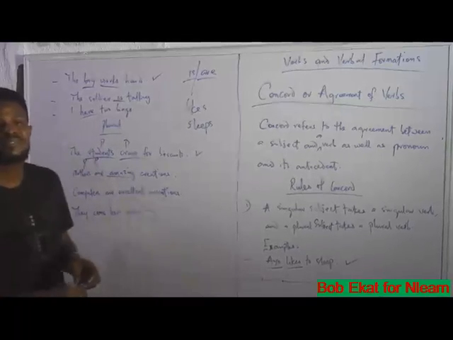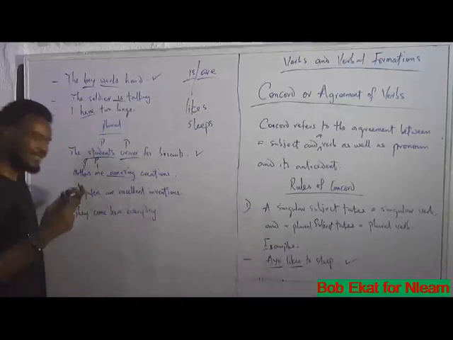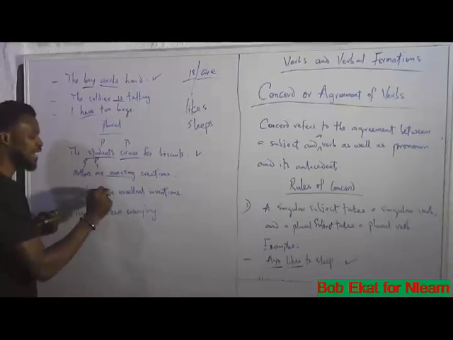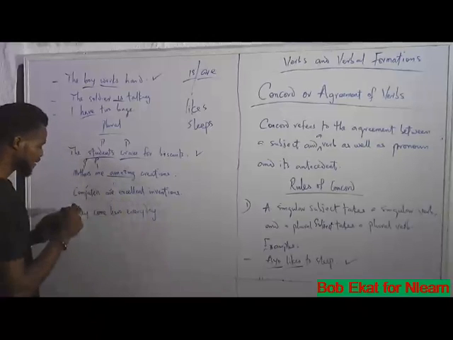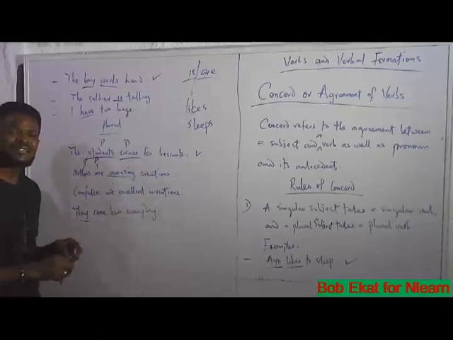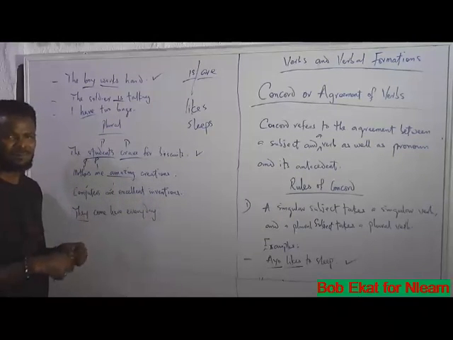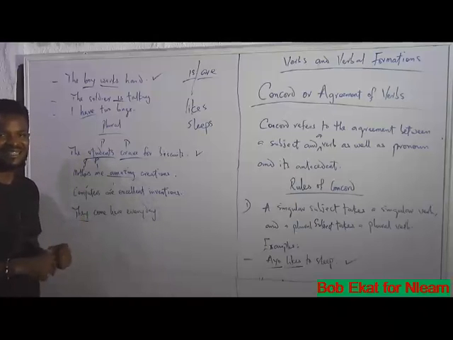Amazing. Computers are excellent. Same thing. Computers plural, are plural, excellent. They come here every day. They is plural. So come should be the accompanying verb. They come. You cannot say they comes.